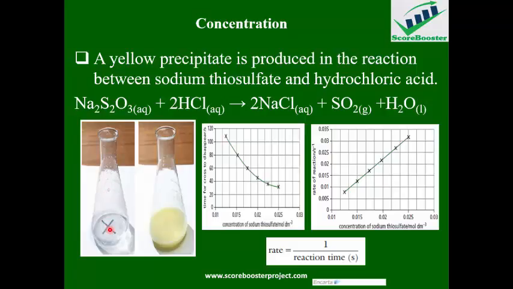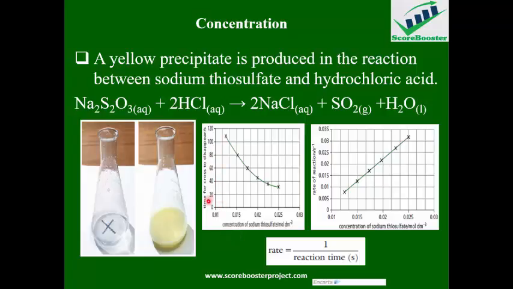At a particular time, we are not going to see the X again. That is what we are seeing here. This is the start of the reaction. We see the X clearly. Then later the X fades away. We will not be able to see the X again as the reaction proceeds. As we are doing that, we are measuring the time.